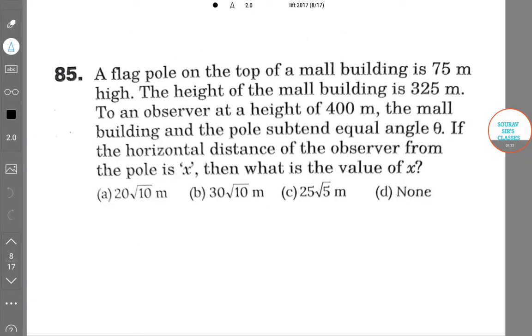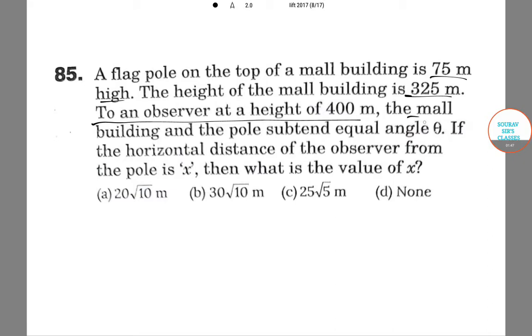The next question is, a flag on the top of a mall building is 75 meters high. The height of the mall building is 325 meters. To an observer at a height of 400 meters, the mall building and the pole subtend equal angle theta. If the horizontal distance of the observer from the pole is x, then what is the value of x?